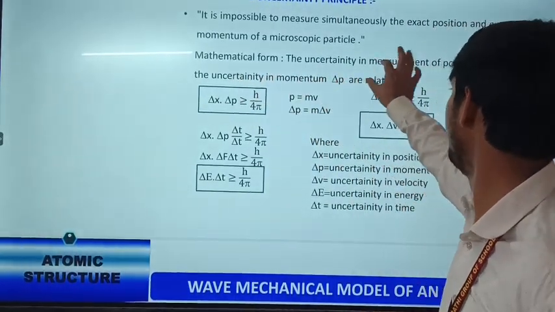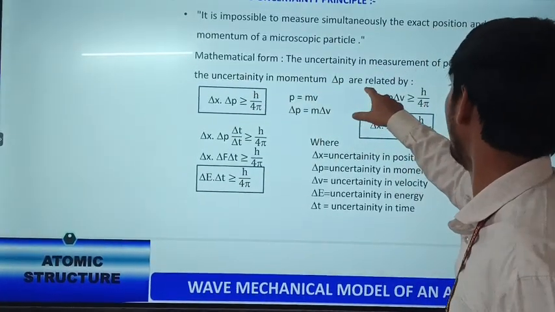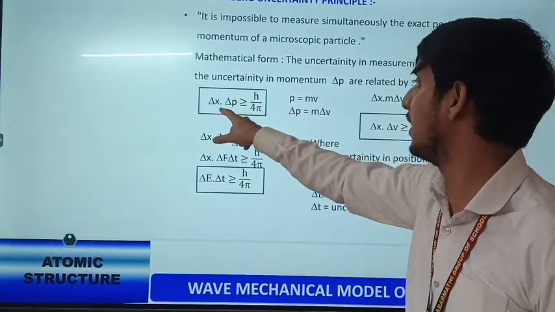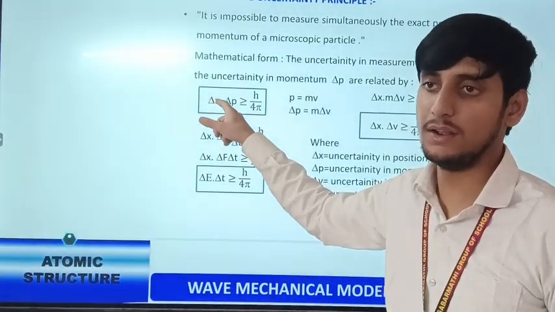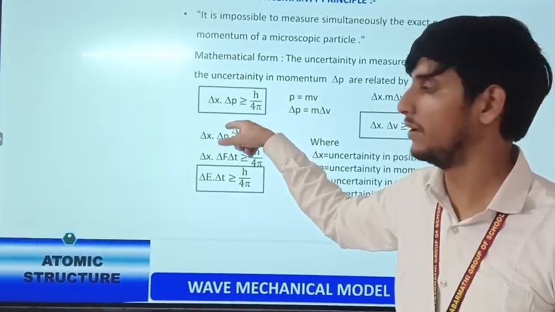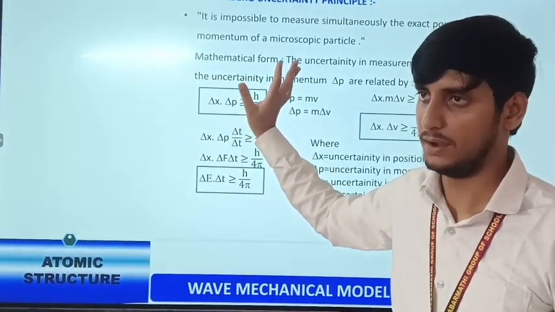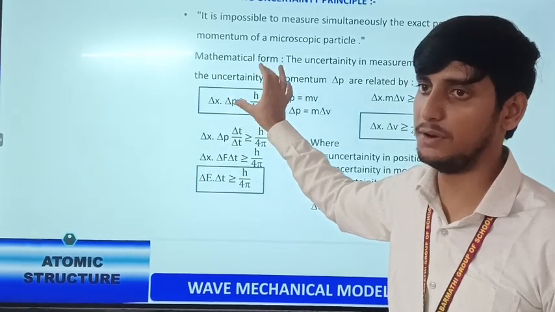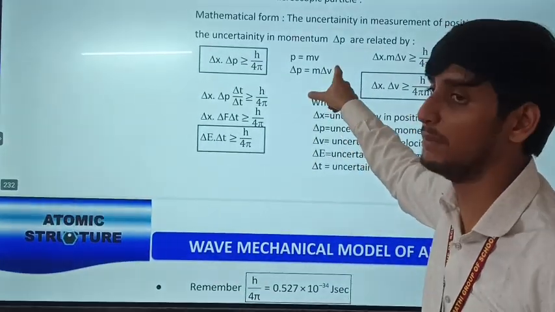Mathematical form: the uncertainty in position Δx and the uncertainty in momentum Δp are related by Δx · Δp ≥ h/4π, or Δx · Δv ≥ h/4πm. Here p = mv, so Δp comes from Δv.